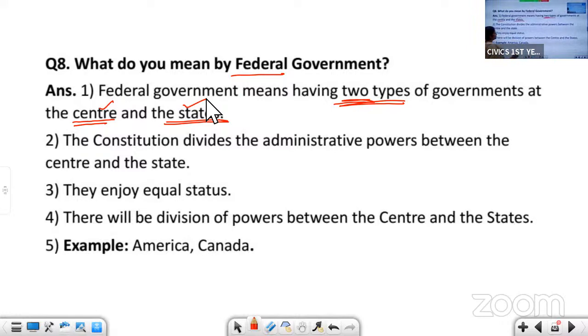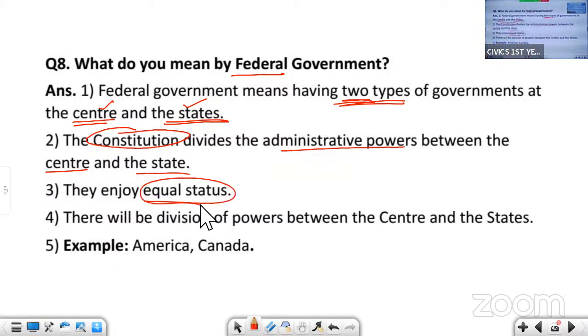The administrative powers are divided between the center and the state. The constitution will divide the powers between the center and the state, and both enjoy equal status. Examples are America, Canada, and India, which have the federal form of government.